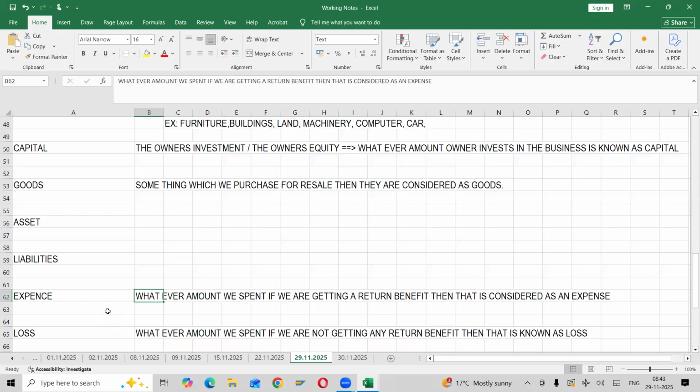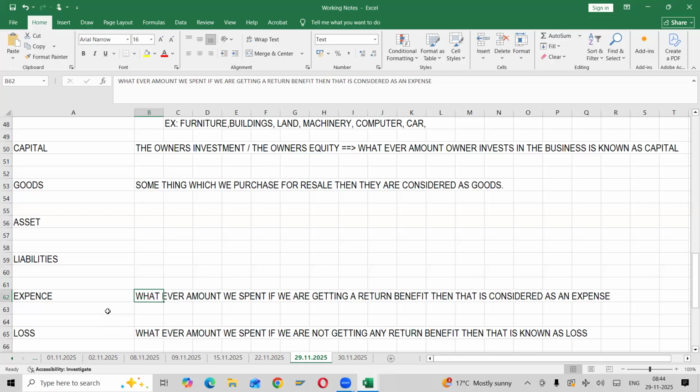Naveen, one question here. Suppose if we purchase something like goods, does it come under expenses? If you purchase goods, you are spending some amount on the purchase. What will you do with those goods? You will sell them, or we manufacture something else and sell it again.